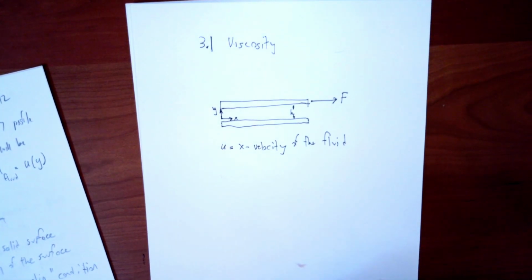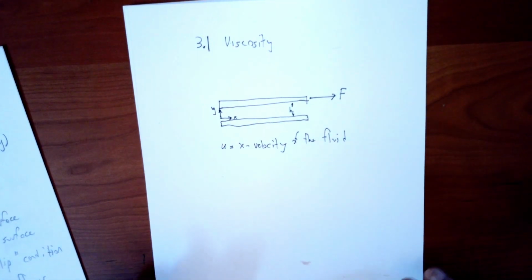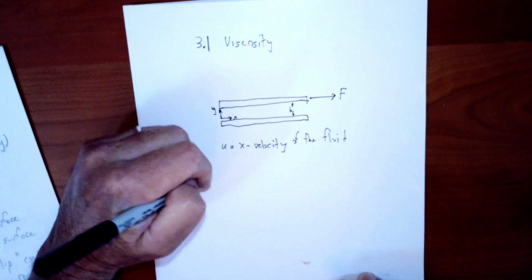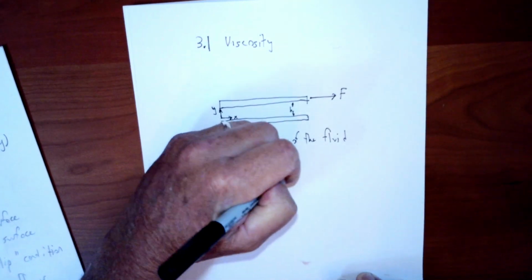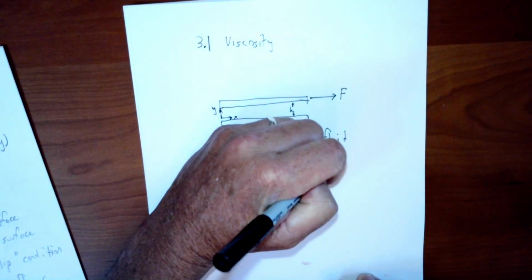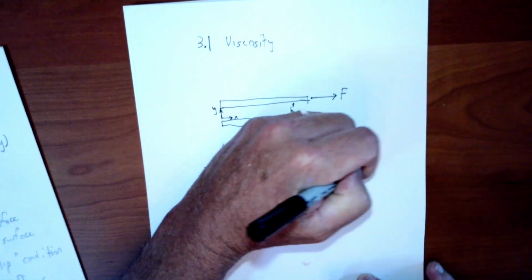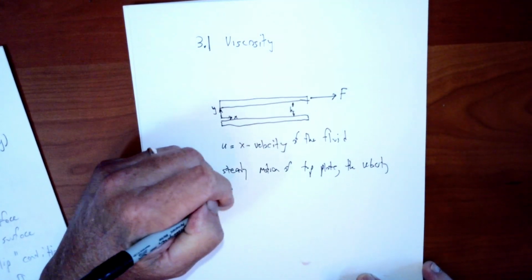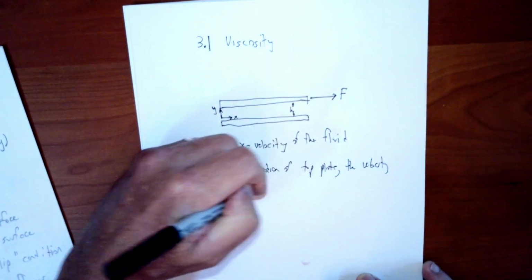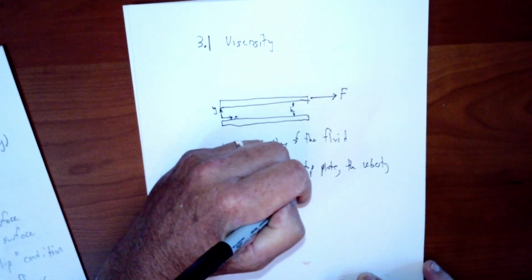So now we're going to prove later that the velocity profile of the fluid between the plates will be linear for steady motion. So if we move the top plate in a steady way, meaning at a constant speed, for steady motion of the top plate, the velocity profile will be linear.